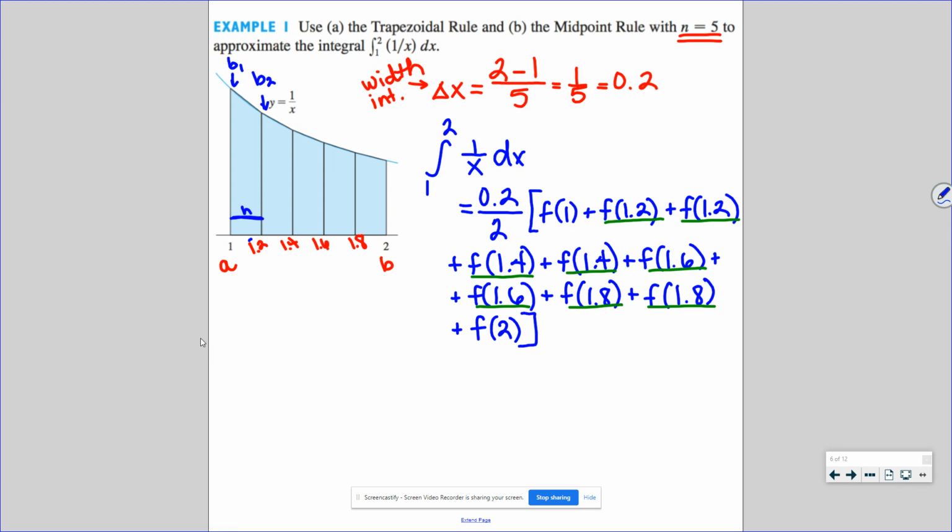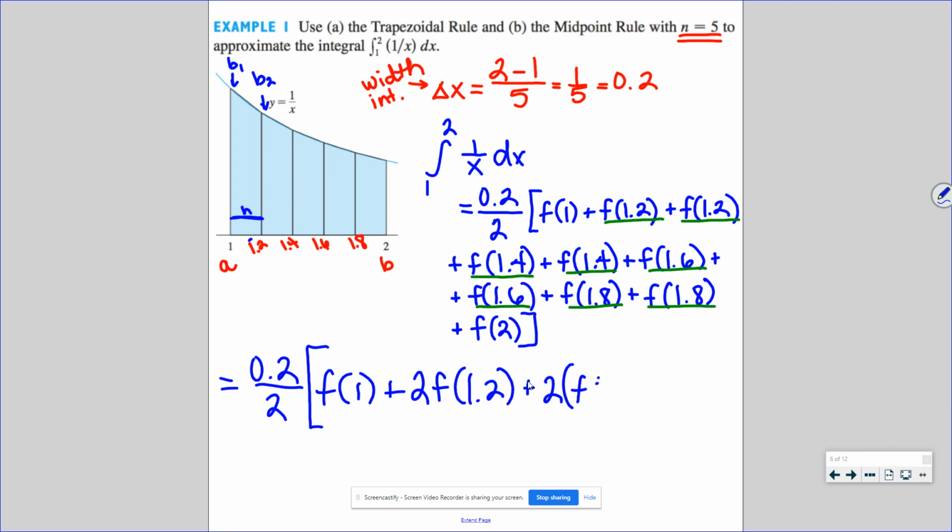You'll see sometimes certain calculus textbooks or maybe even AP will shorten this, and they might just say to take f of 1, you would only use that one time because it's the outer edge, but then do 2 of the f of 1.2s, because you have it in there twice. So you may see it written this way.